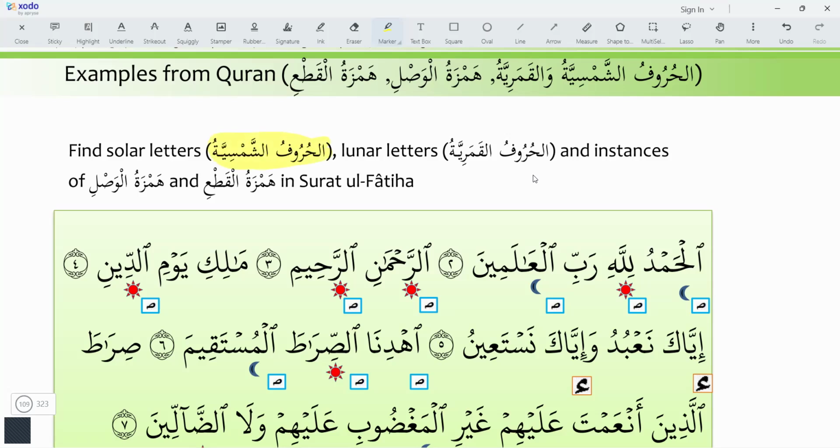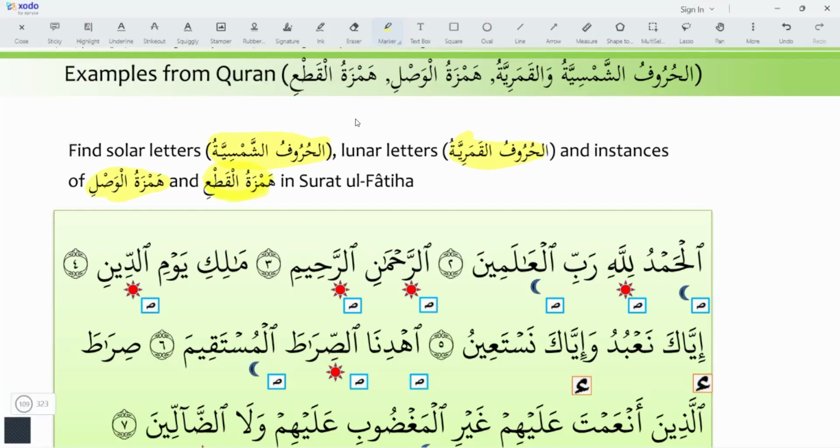Then you have to find the lunar letters, al-huruf al-qamariya. And the third thing is, you have to find Hamzatul Wasal. Which Hamza is Hamzatul Wasal and which Hamza is Hamzatul Qat'i.